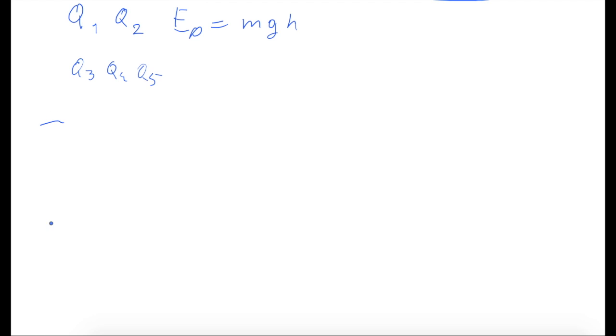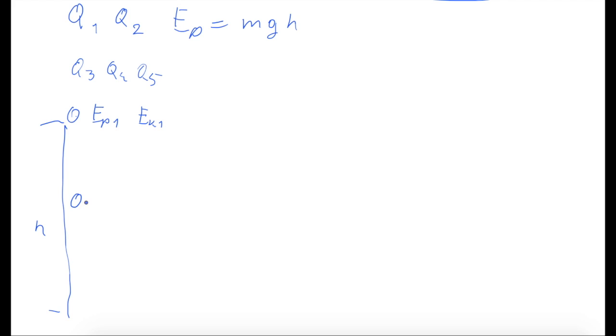Let me just go over this fairly quickly again. Let's imagine that we're throwing an object from a height h. This is our object, and this is our height h, from here to here. At the beginning of the motion, the object will have some potential energy, let's call it EP1, and some kinetic energy. If it's not moving, obviously that kinetic energy will be equal to 0.